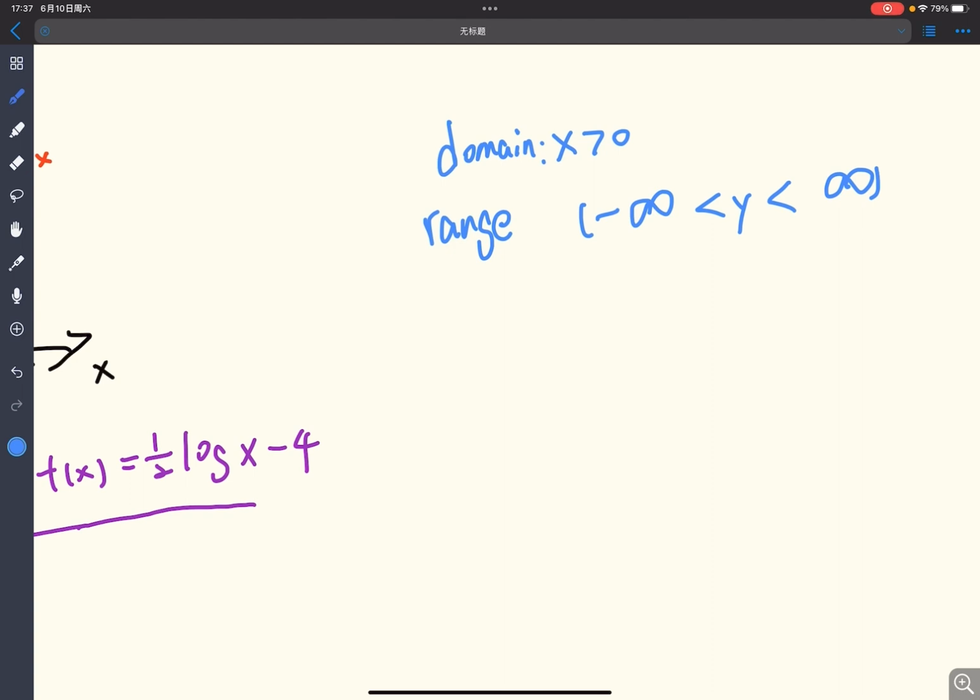The original function f(x) has a vertical asymptote at x equals 0. When reflected across the line y equals x, this vertical asymptote becomes a horizontal asymptote. Therefore, the equation of the asymptote for the inverse function of f(x) is y equals 0.